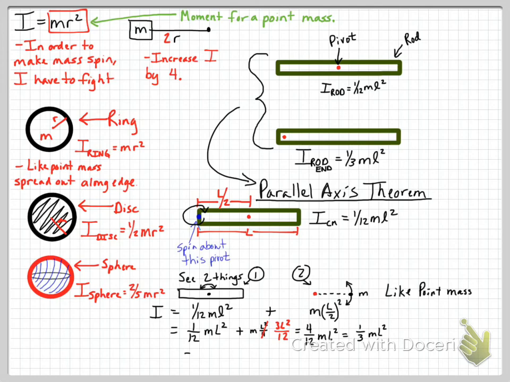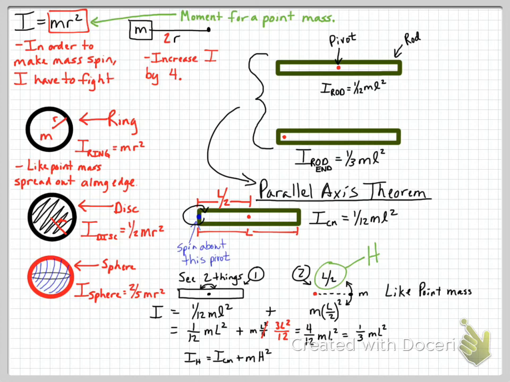So the common equation we're going to get is this one here. It says that I about some pivot point that is a distance h away is equal to the moment of inertia about the center of mass plus the point mass times h squared, where h is the distance from the center of mass. In our example, this distance L over 2 equaled h, because we were h distance away from the center of mass.